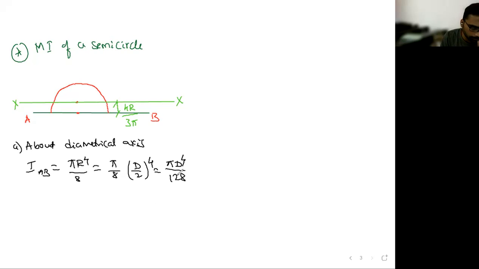Is it correct, everyone? So it is pi d raised to 4 upon 128.